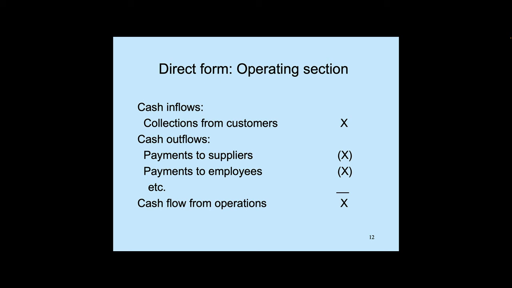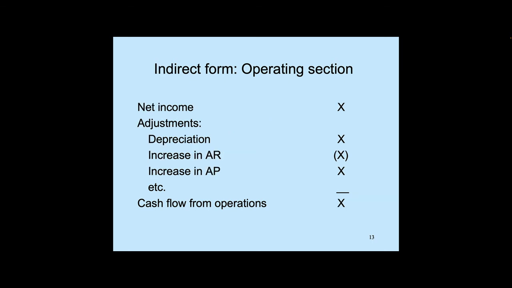It's a very straightforward and simple approach. Unfortunately, many American companies do not report it. Instead, they report the indirect form, where we start with net income. And as you recall, net income is revenues minus expenses. And revenues are recognized when earned, not when collected, and expenses when used up and not when paid.